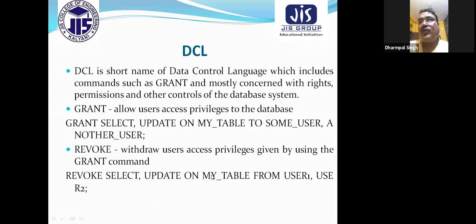I want to revoke the grant I have given on my table from these users, so in this way we have to write. Here it is known as control. I have given control, meaning I have given power of attorney to some other person to deal with my thing. After that, I have seen that they are not dealing with it in a good way. So what I can do is revoke my grant.